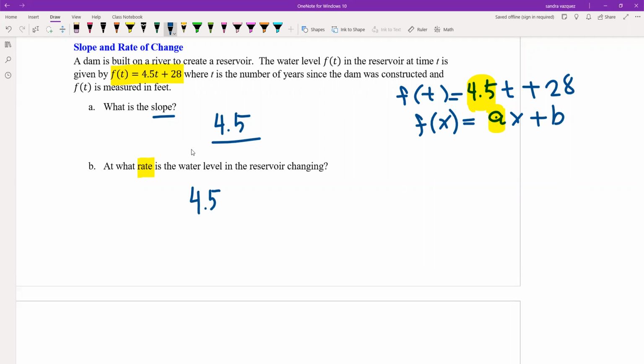In this case, the units are feet per year. This is what makes it a rate. It is changing 4.5 feet per year.